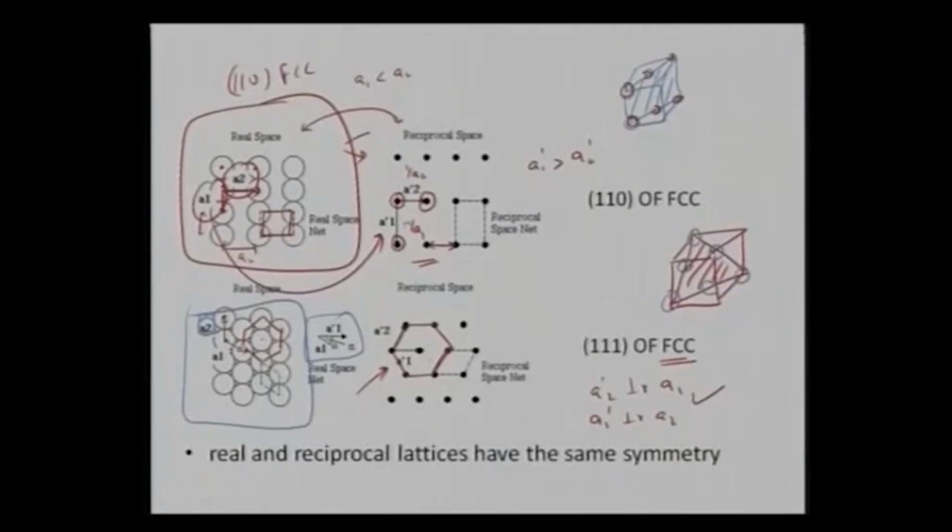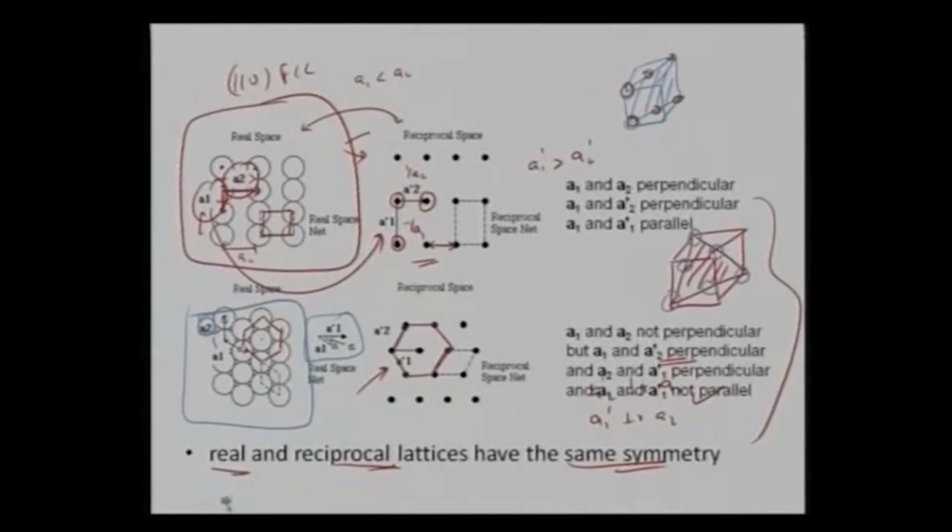So I can see that the real and the reciprocal lattices have the same symmetry. That part is also retained in the reciprocal lattice here. So with all these similarities, I can again show that A1 and A2 dash are perpendicular.